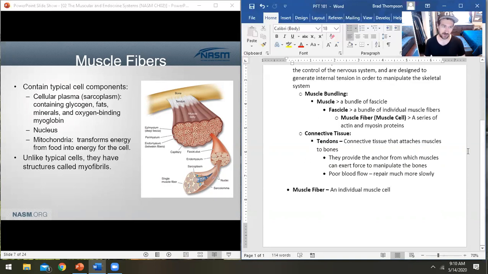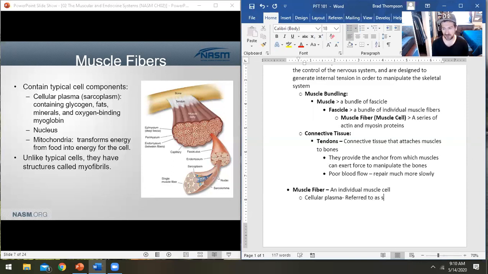So looking at a muscle fiber here, we are going to see a lot of, again, the normal stuff. We're going to see a cellular plasma, which is basically the liquid portion of your cell. Again, we're mostly water. We're going to call that sarcoplasm. I should actually put that up here.